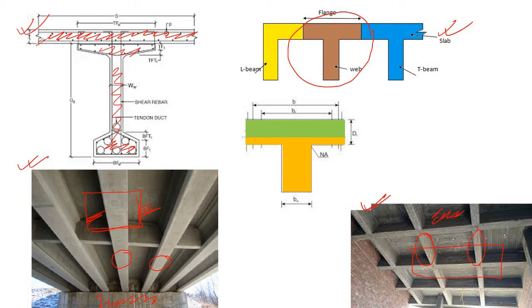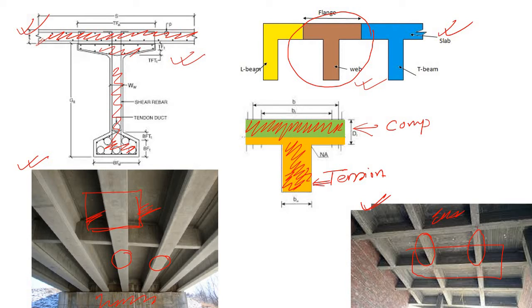In any type of T-beam, whether in a bridge or in a simple roof slab, the topmost part, this green part, is under compression, agree, and this yellow bottom part is under tension. So now you have got an idea about the forces coming at different parts of this component. In any T-beam the topmost part is in compression and the bottommost part is in tension.